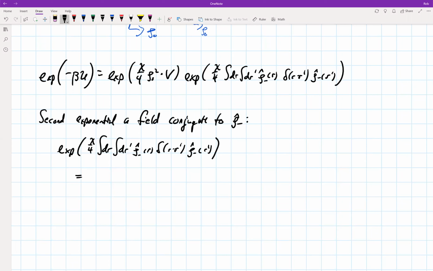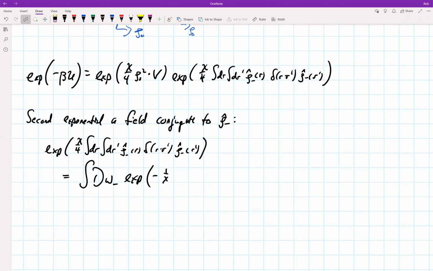This will be equal to, so the field I'm going to label with a subscript minus to indicate that it's conjugate to rho hat minus, and just using the usual Gaussian form that we have, it'll be exponential of, now we have this prefactor in here, and so when we invert that using the Gaussian functional integral, that actually ends up killing off the factor of a half, and so it's just minus 1 over chi is the prefactor here.